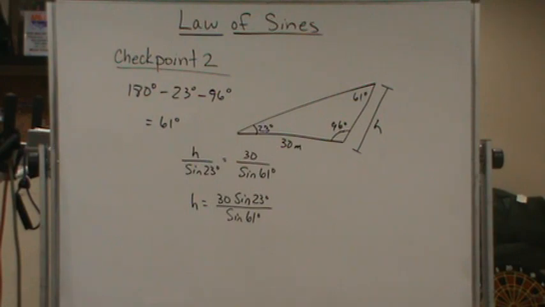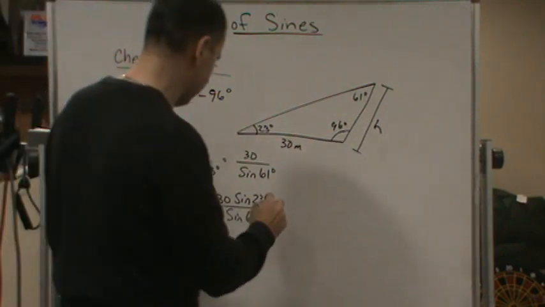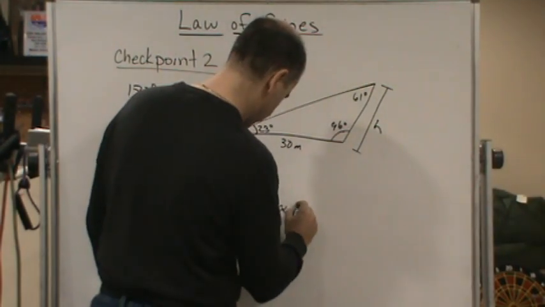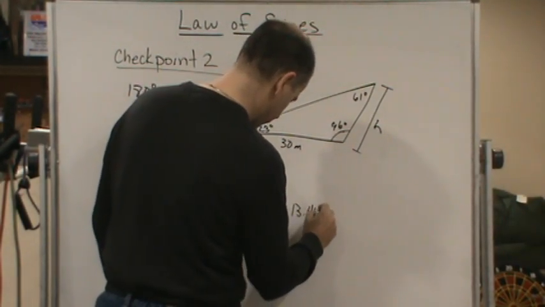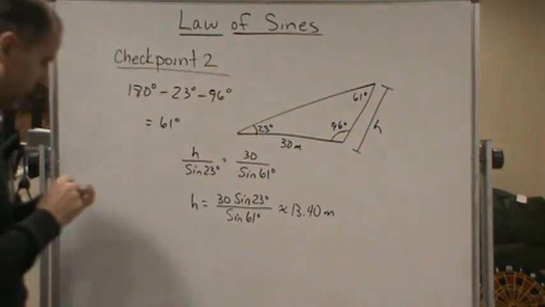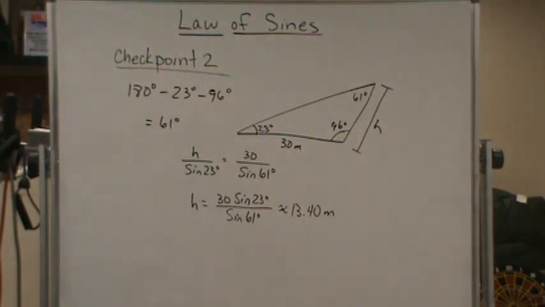And we get 13.40 meters. And that is the approximate length of the tree or height of the tree.